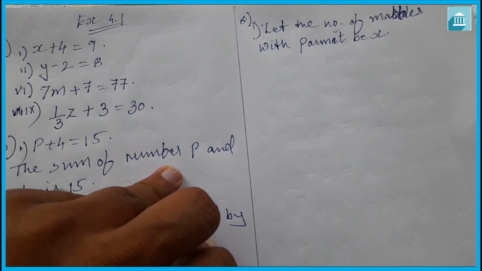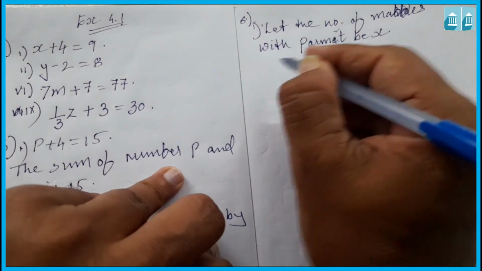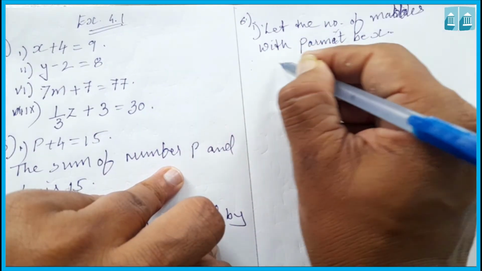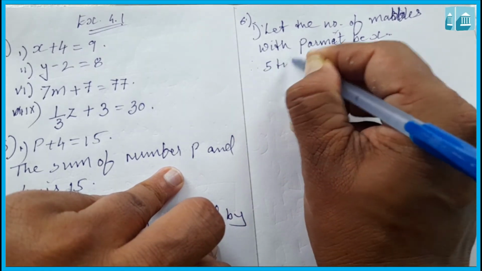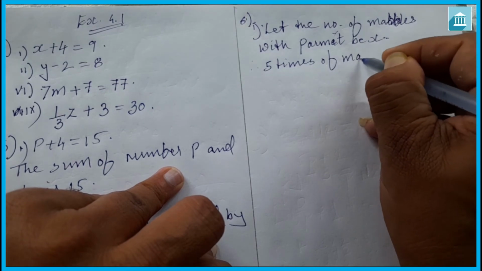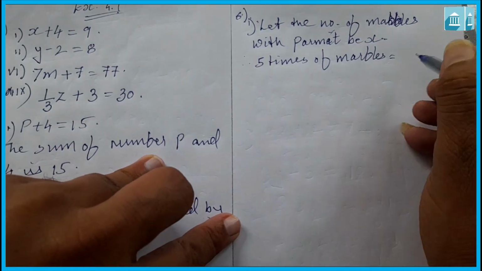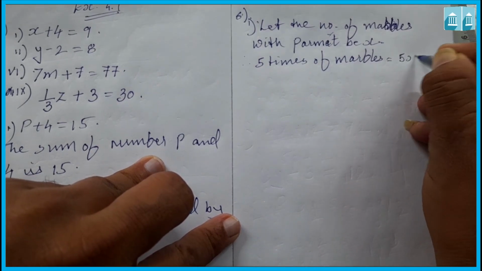Now it says he has 7 marbles more than 5 times the marbles, so here it is x. Therefore 5 times the marbles is equal to 5x.